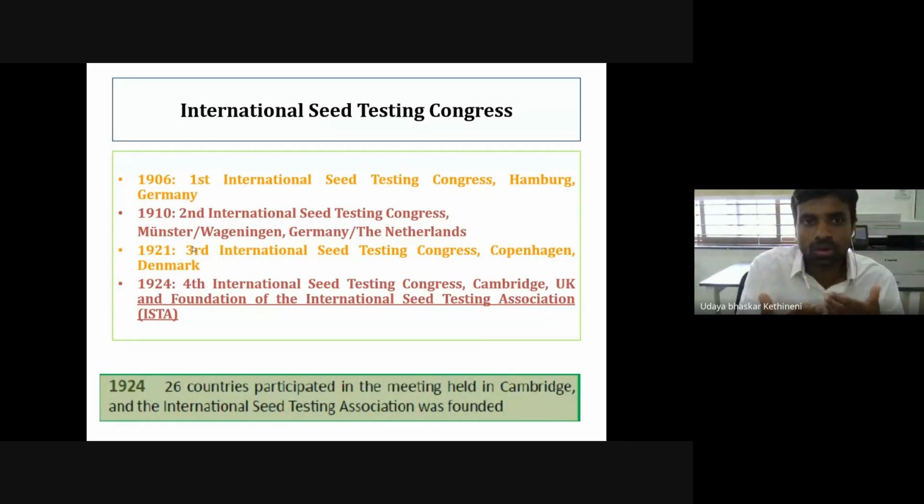The first congress was held in Germany, the second in the Netherlands, the third in Denmark, and the fourth International Seed Testing Congress, organized in the UK, was the basis for the setup of the International Seed Testing Association. As you can see from the slide, in 1924, 26 countries participated, and it took the shape of an association in 1924.